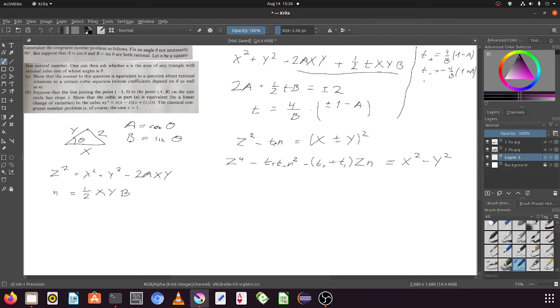So the product equals minus 16 divided by b, 1 minus a squared. And the sum, one cancels and we get minus 8 divided by b, minus 8a divided by b.